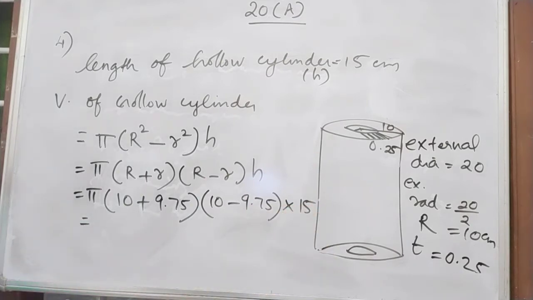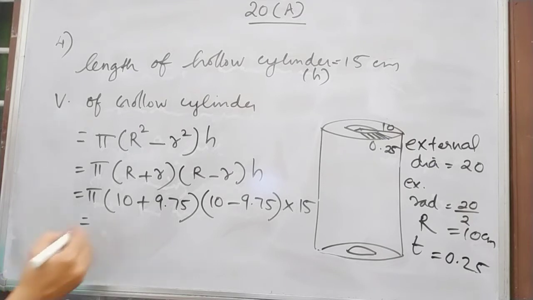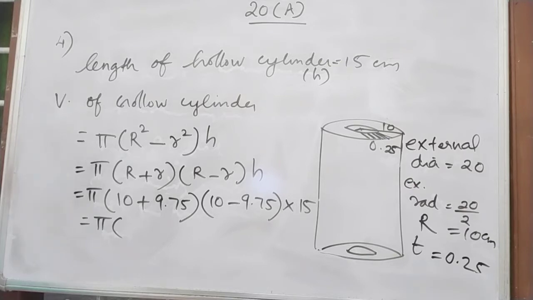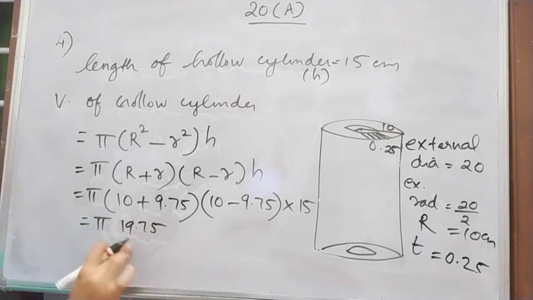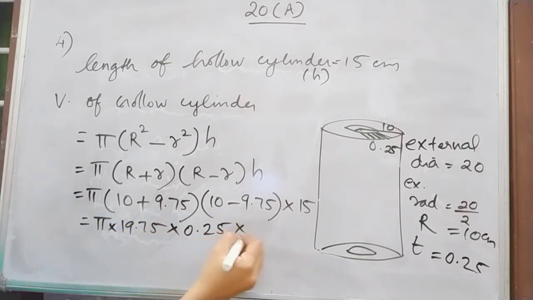Pi can be written as pi itself, don't do anything. So 10 plus 9.75 into 10 minus 9.75 into 15. So you will get it as pi into 19.75 into 0.25 into 15.